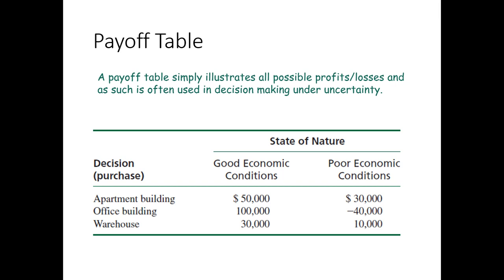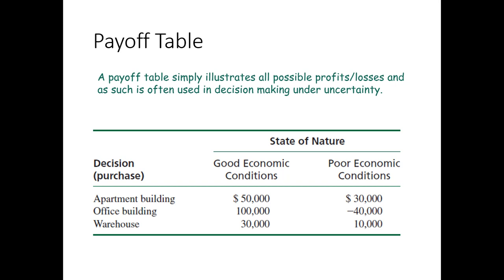We have seen this type of a table in linear programming, in transportation. It's no different. We have just plotted all the values in a table. It is called payoff table, and this payoff table illustrates all possible profits or losses in the different decision making under uncertainty, or you can also write under the different states of nature.